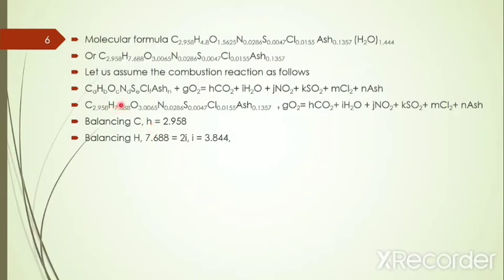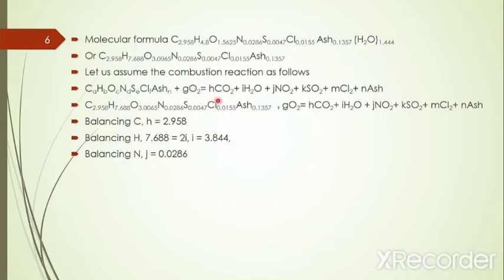On the left side we have 7.688 moles of hydrogen, and on the right side we have 2I moles of hydrogen. So 2I is equal to 7.688, or I is 3.844. So we have found the moles of hydrogen also. I is 3.844.